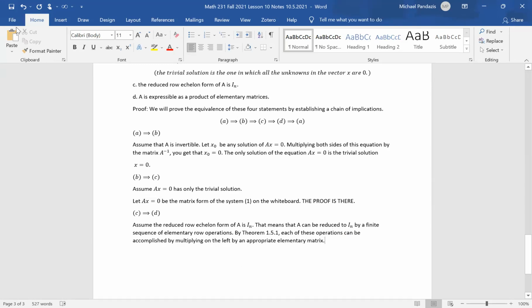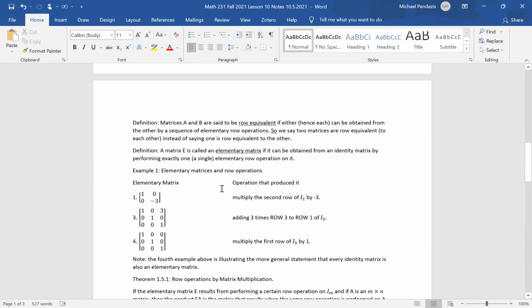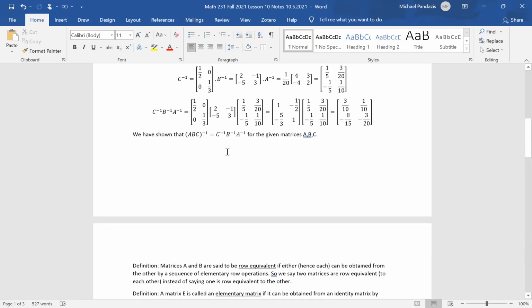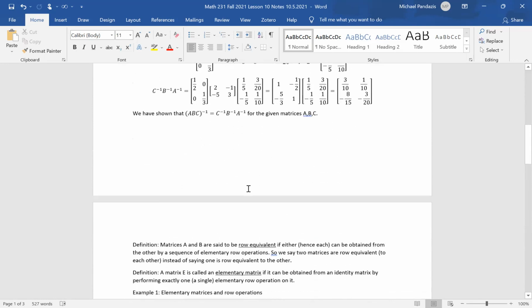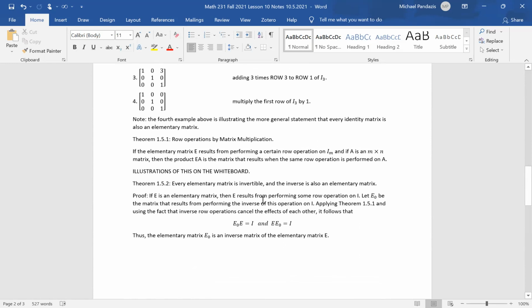Theorem 1.5.1 was the one that said that you can capture an elementary row operation by multiplying by an elementary matrix. It's this one. If the elementary matrix E results from performing a certain row operation on I sub m, and if A is an m by n matrix, then the product EA is the matrix that results when the same operation is performed on A.